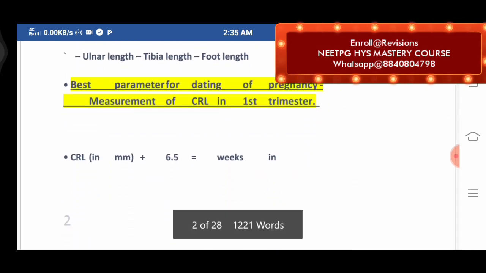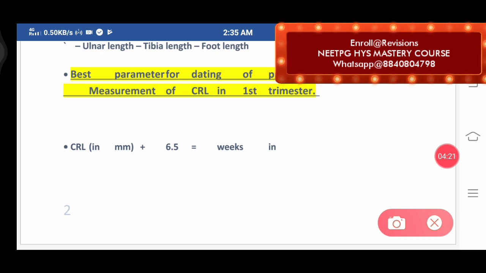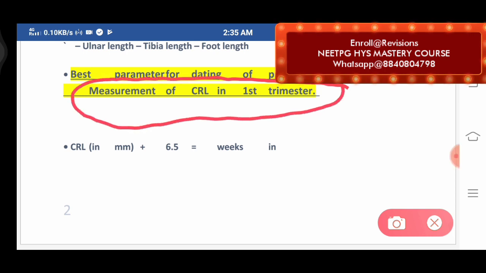So again, if I ask you a single MCQ, suppose it came in your NEET PG 2020, which of the following is the best parameter for dating of pregnancy? It will be, if it is there in option, measurement of crown rump length in the first trimester. You already remember your CPR.